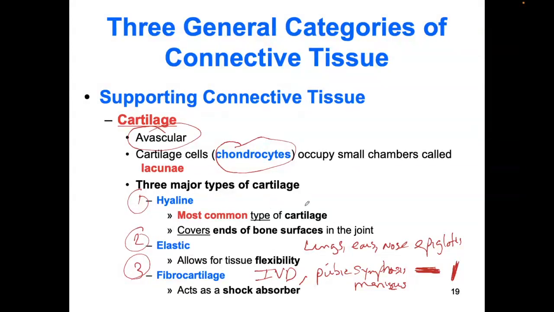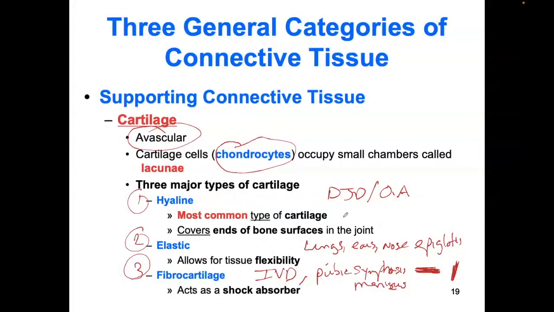Hyaline cartilage is the most common type of cartilage, and this is the one that's associated with degenerative joint disease or arthritis. It's what we call osteoarthritis. Okay. This is what we find between the two bones that make up a joint.